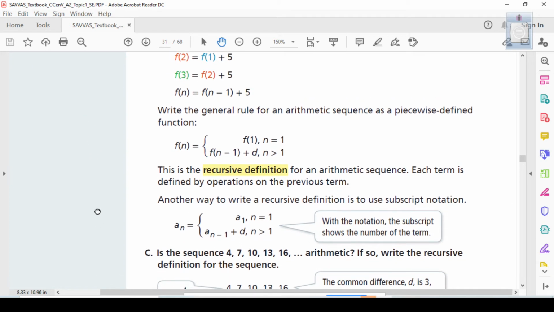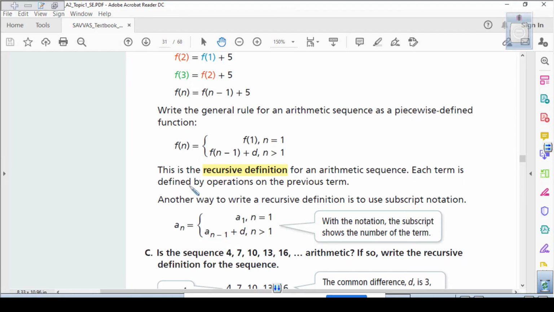Here's a definition of something called recursive. This highlighted word you need to write down. Recursive definition. What does that mean? In recursive, I wanted you to pay attention to the prefix. Basically, you're looking behind you.